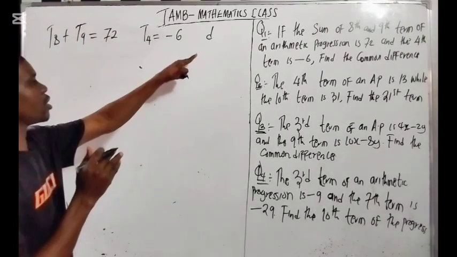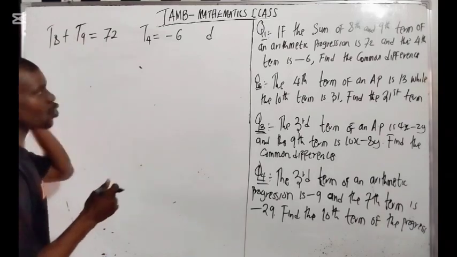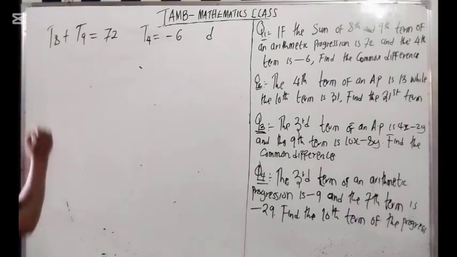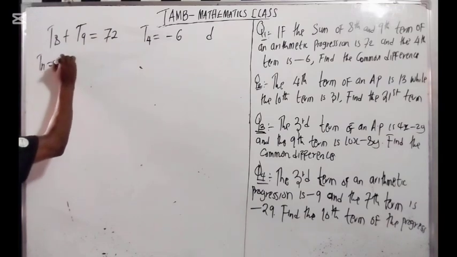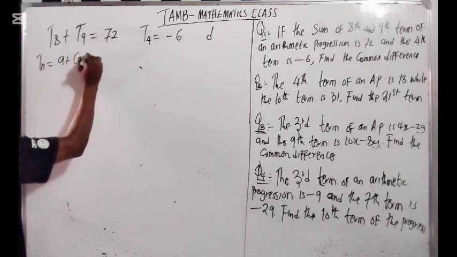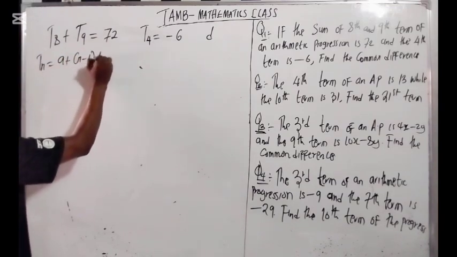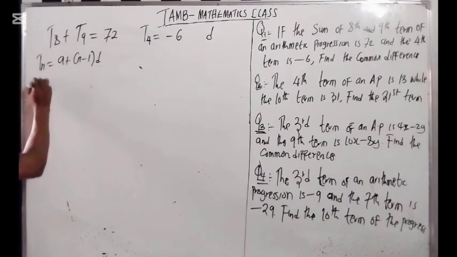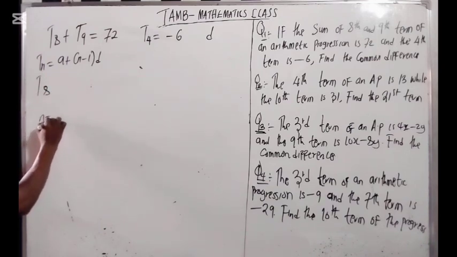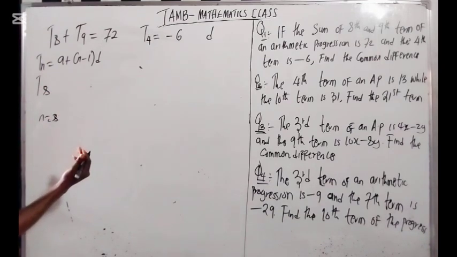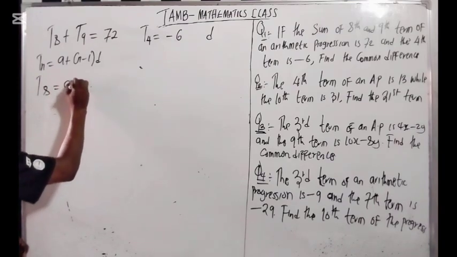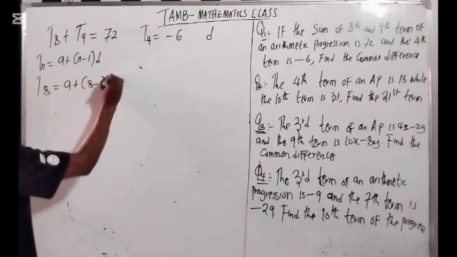So how do we find the common difference here? Remember, Tn equals a plus (n minus 1)d. Let's get it for the 8th term. For T8, my n equals 8. So we have a plus 8 minus 1 d.